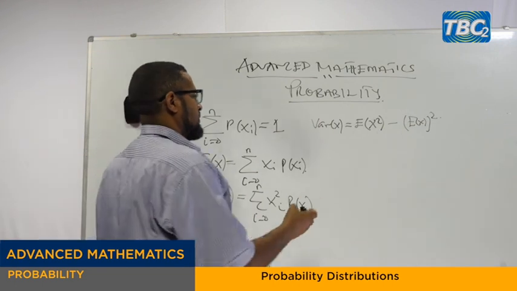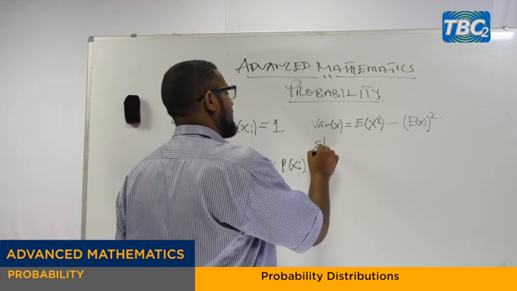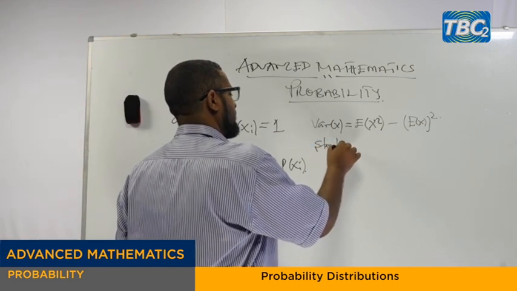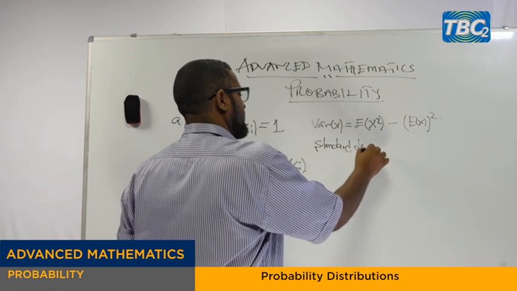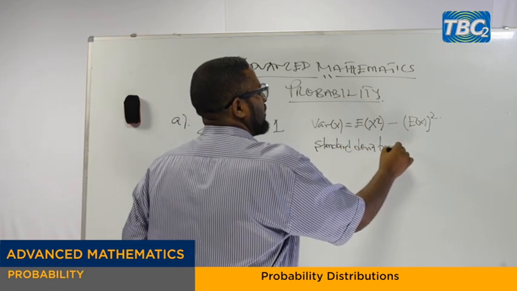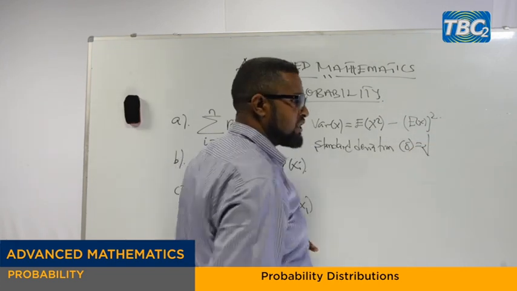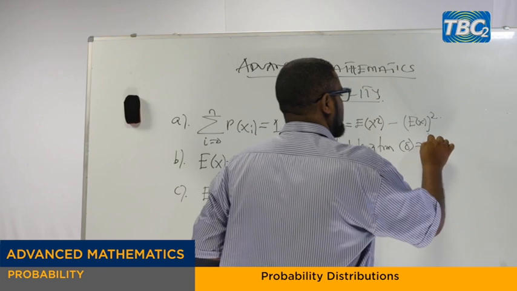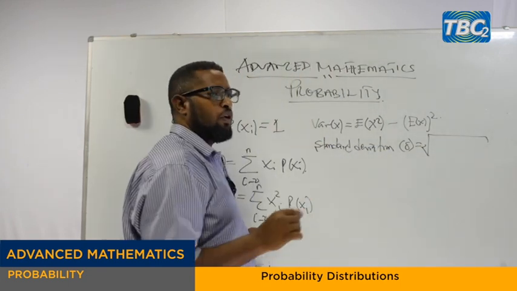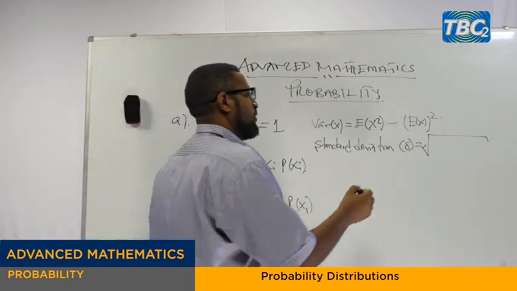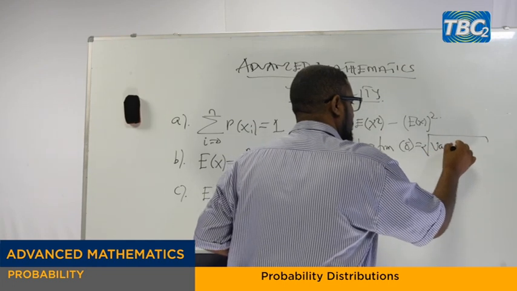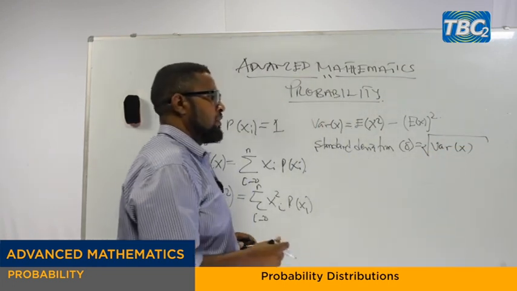Thereafter, you may also be asked to find the standard deviation. We normally use that symbol. Standard deviation is given by the root of the variance, the root of the variance of the given variable.